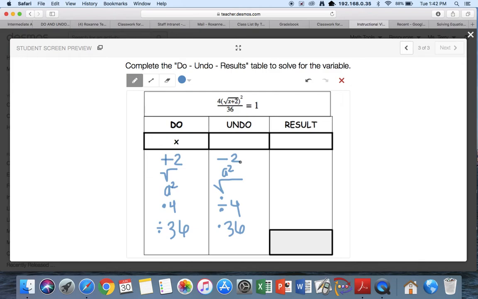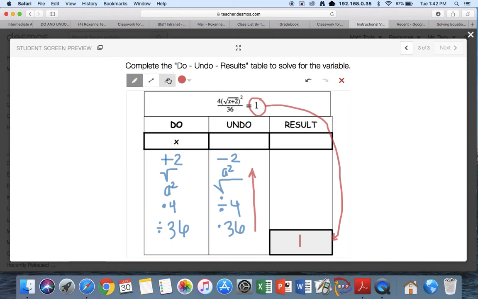Once again, I'm going to use different colors for things. I'm going to start off with red. And I'm going to take my 1, my result, my answer, and I'm going to put it in this box down here. So I'm going to put 1 there. The step says do it backwards. So we're going to go this way. All right.